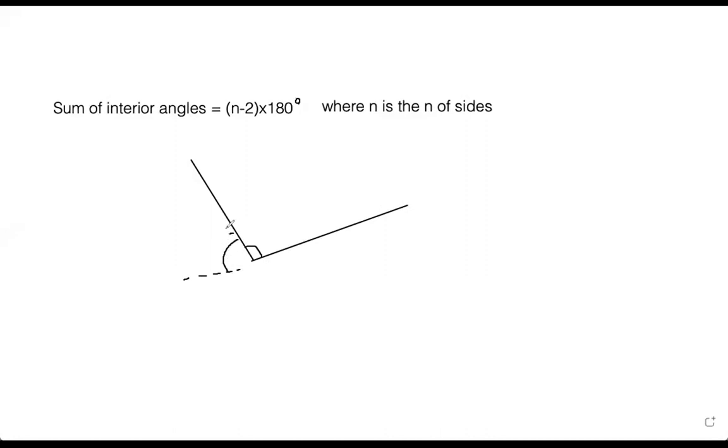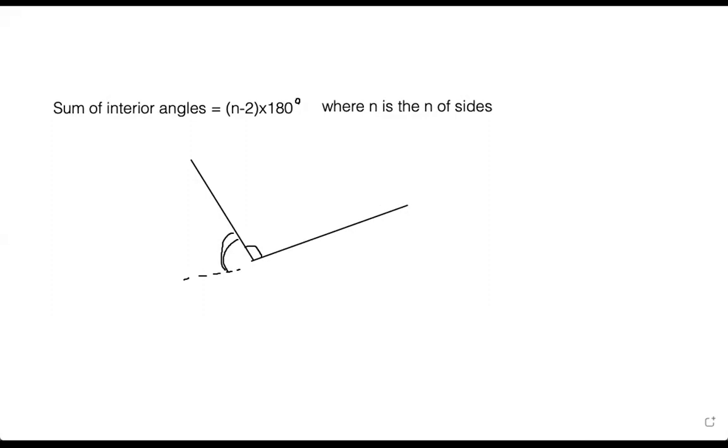So the interior angle is the angle which is inside, then the exterior is the angle which is formed outside. I can see more hands up. Can we hear from Charity Sharon Warube?